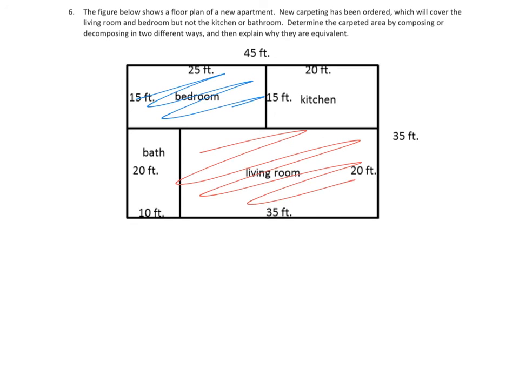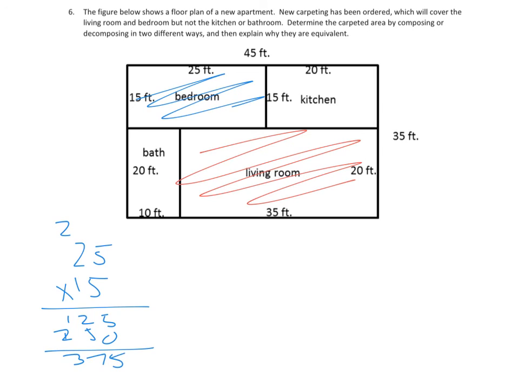So the blue rectangle is 25 times 15, and you end up with 375 feet squared in the bedroom.